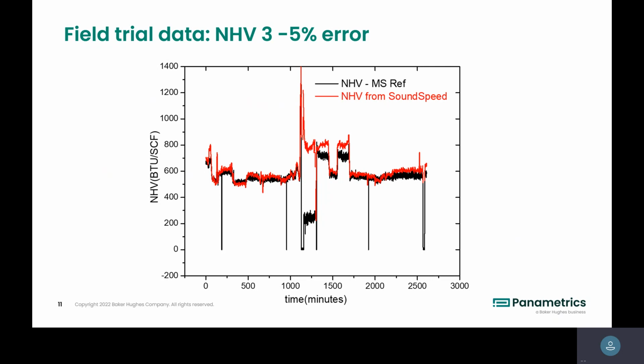We talked about it, but unfortunately the operators don't know exactly what's going on over there. Of course, it shows up as an error here. But when I say 3 to 5%, we actually remove this section because we cannot account for what's happening in the process, and the operator doesn't know exactly what's happening.